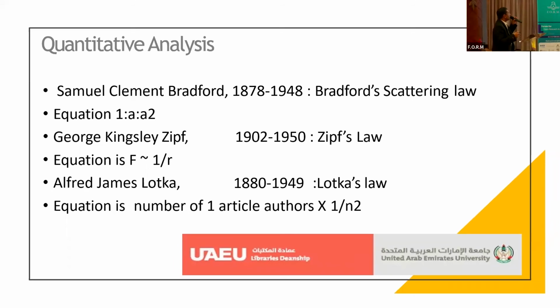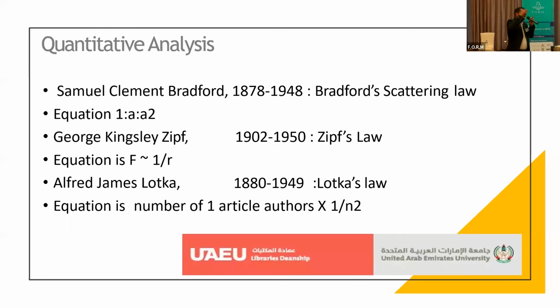So Samuel Bradford started analyzing the data in his library in such an interesting way that he looked into how, in a given topic, some journals publish more than others, because the concentration of available articles is different. Maybe in some journals a lot of articles on a particular subject are there.